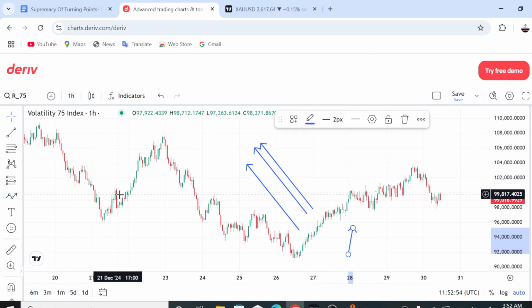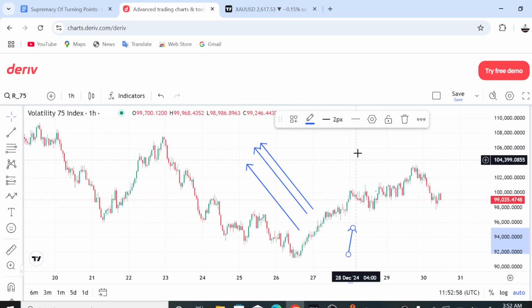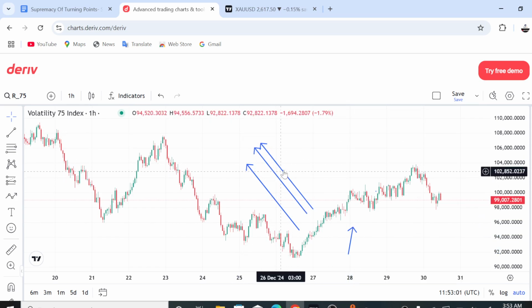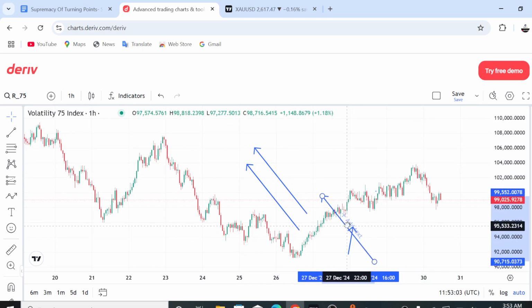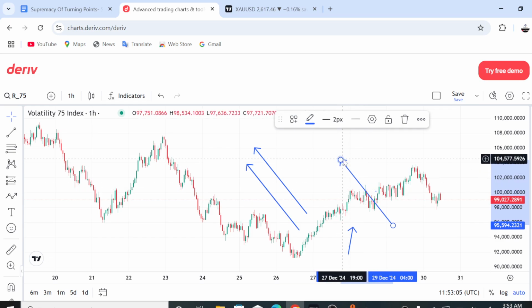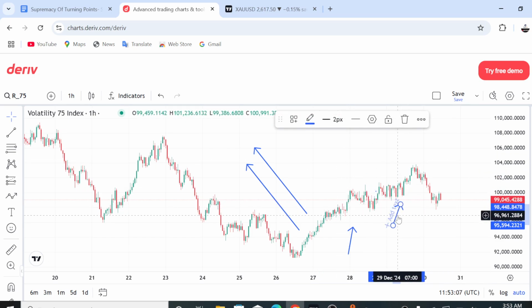It's just that I want to make this more explanatory, so to speed up we're going to use arrows.